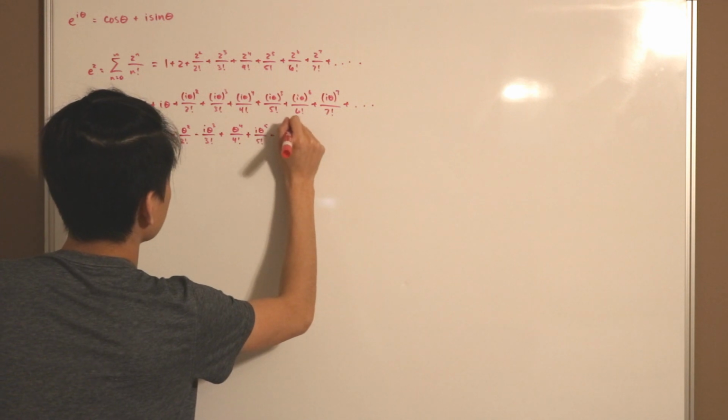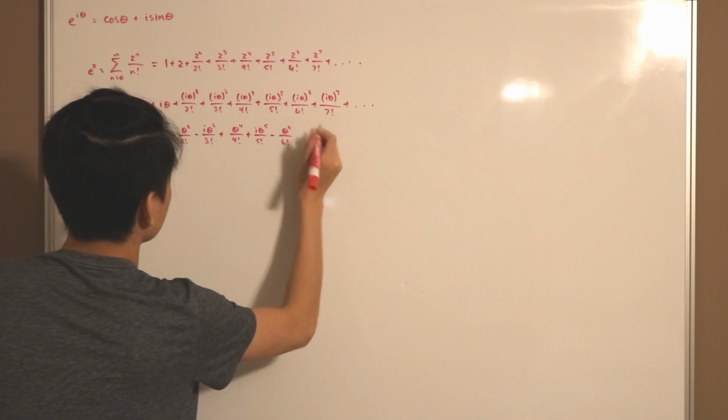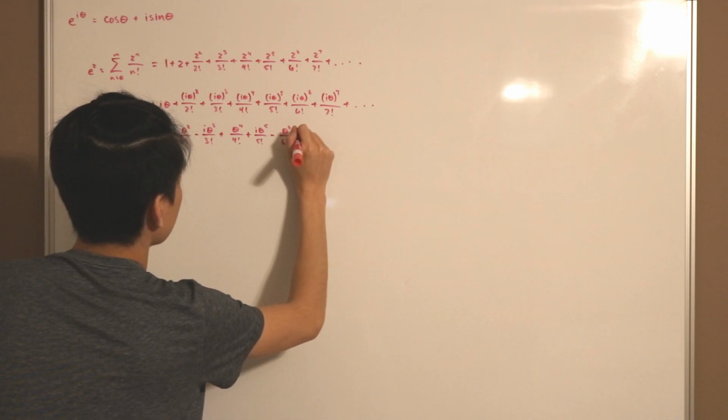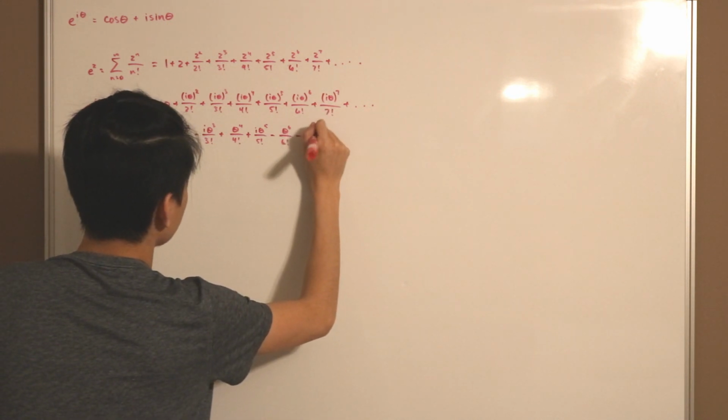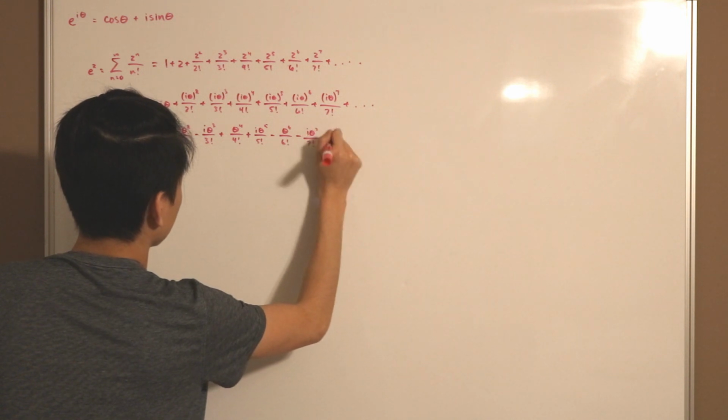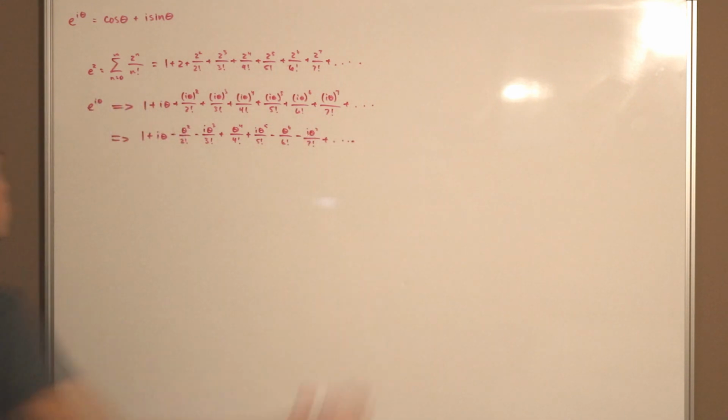And this will be theta to the 6th over 6 factorial, minus, still technically, i theta to the 7th over 7 factorial plus dot dot dot and so on.